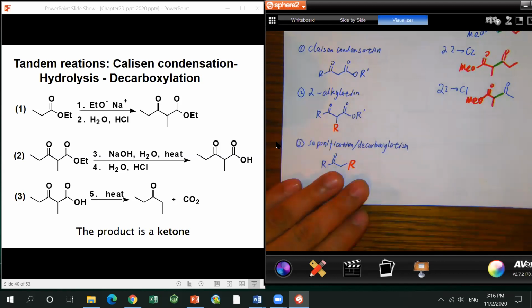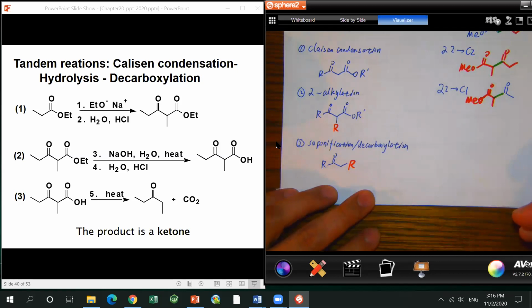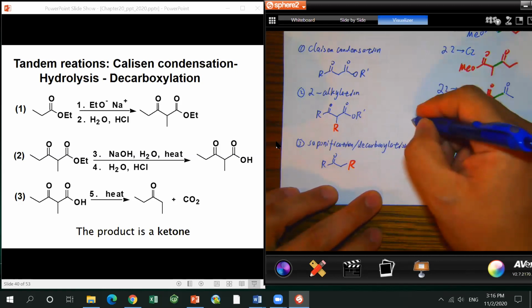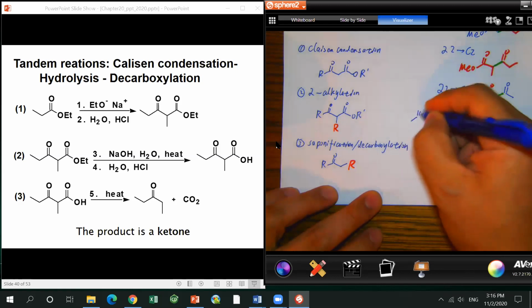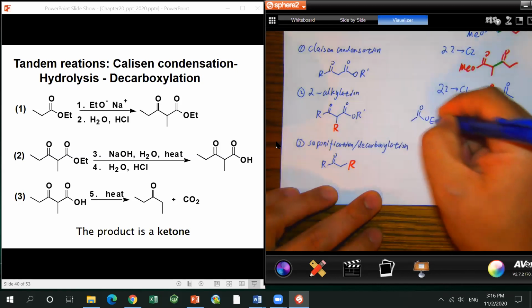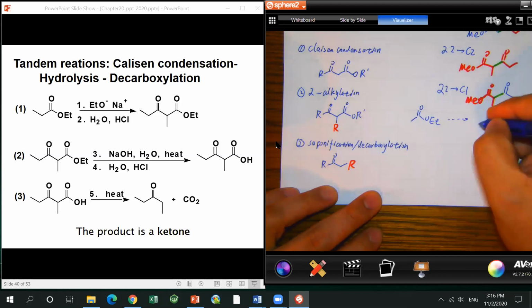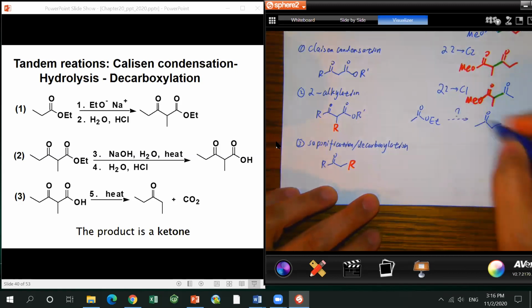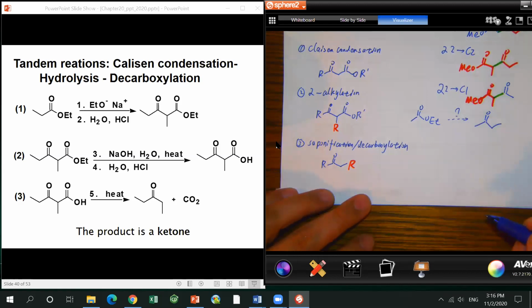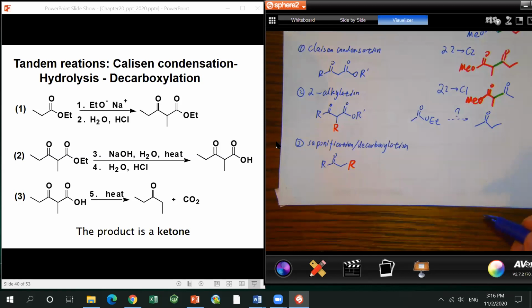Actually, I use this example from the last question of the discussion worksheet of chapter 19. Remember, it asked you to design the synthesis route to make this ketone from an ester. At that time, we used chapter 19 reactions to do it.